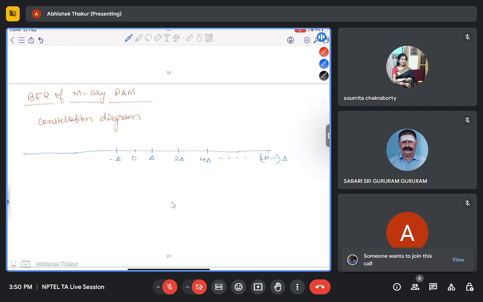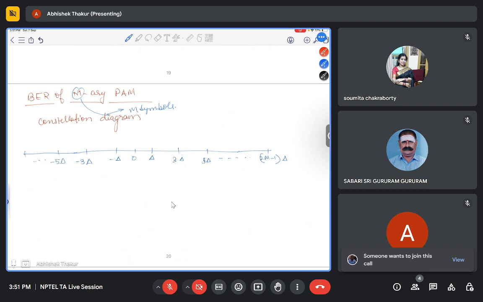M-ary PAM means there will be M symbols. So this one will be delta, 3 delta, 5 delta, up to (2M minus 1) delta, and on the other side it will be minus delta, minus 3 delta. Sorry, here also it will be 3 delta because it is separated by 2 delta. Then minus 5 delta and so on.